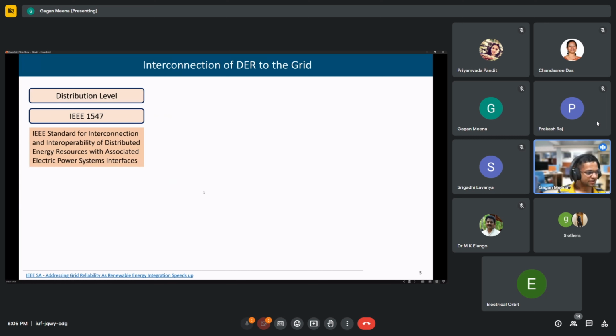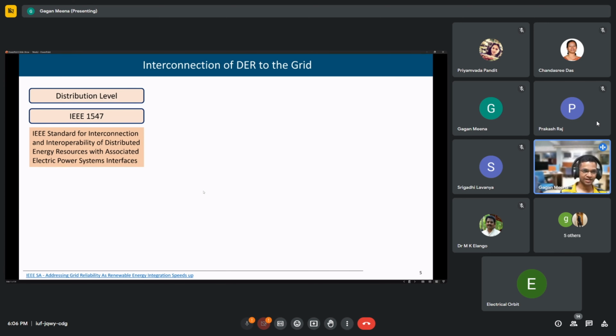Just before going to that overview of week 2, I just wanted to tell you about this new standard which has come up. In week 1 we discussed different types of standards for smart grids. One of them was interconnection of DER, the distributed energy resources.